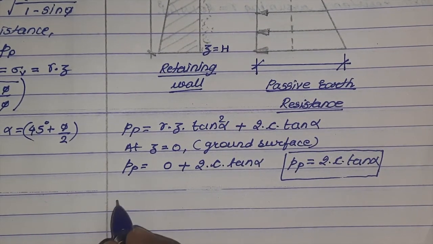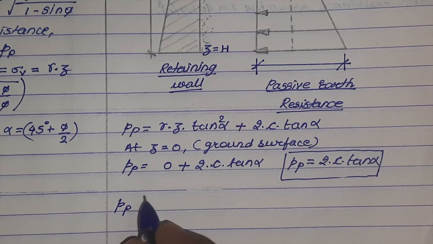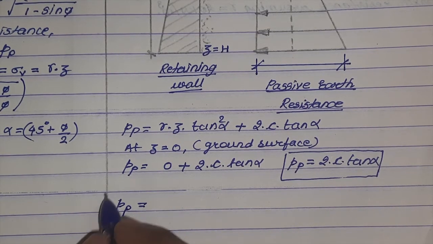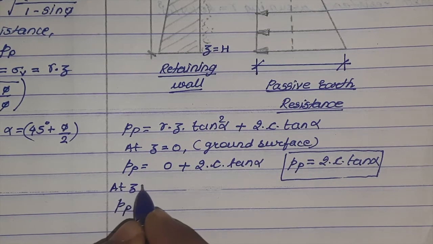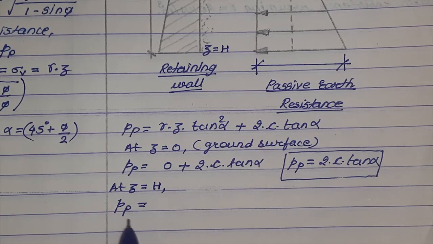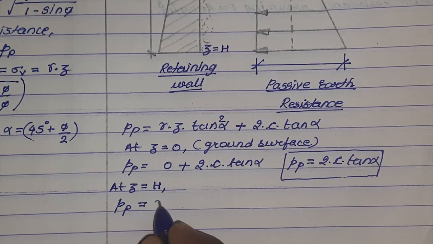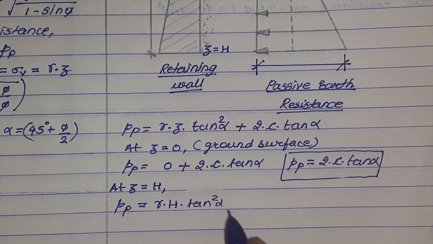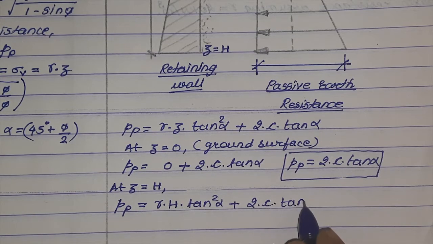Hence, small pp is equal to, at what level are we finding out? At z equal to h. Okay, so pp is equal to gamma multiplied by h tan square alpha plus 2c tan alpha.